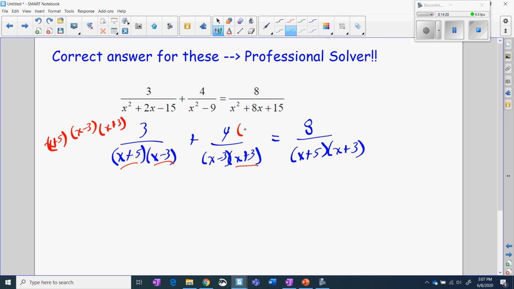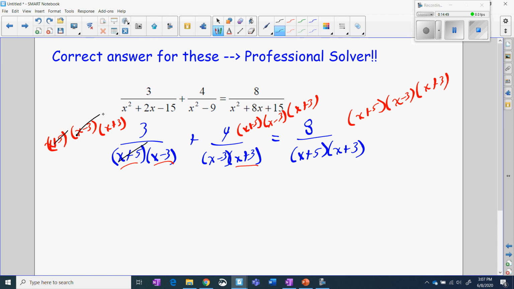Multiply this one by the same thing. X plus 5, x subtract 3, x plus 3. Same thing here. X plus 5, x subtract 3, x plus 3. Cross out or divide out the common factors.